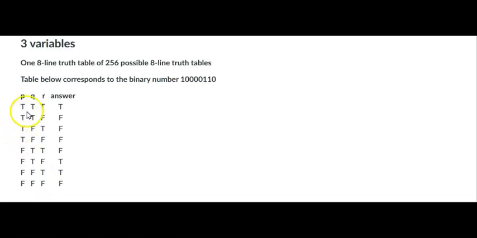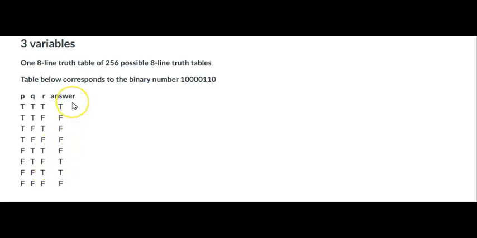With variables P, Q, and R, we have an 8-line truth table where P goes 4 trues and then 4 falses. Q would be 2 trues, 2 falses, 2 trues and 2 falses, and then R would be true, false, true, false, true, false, and true, false.